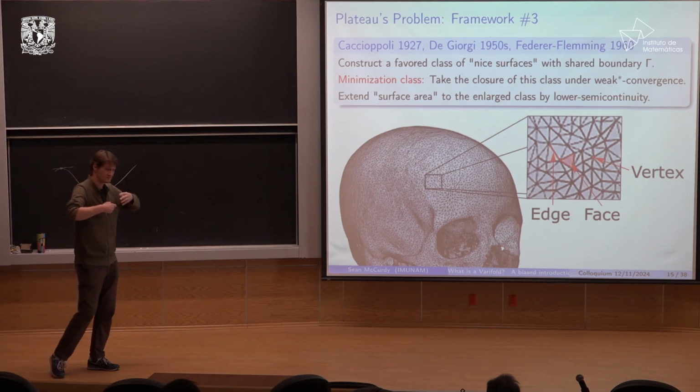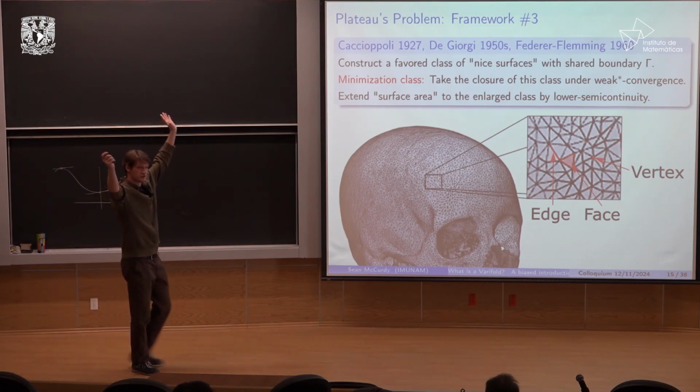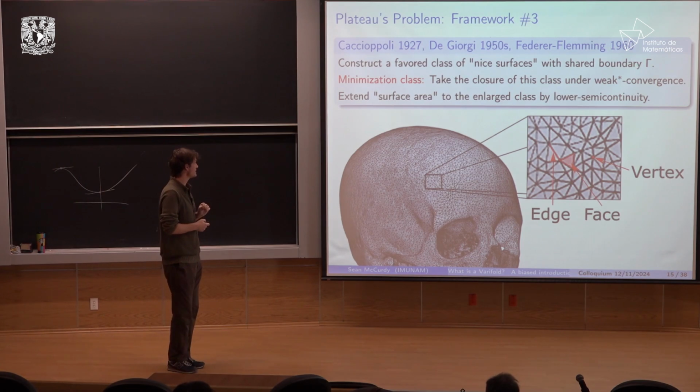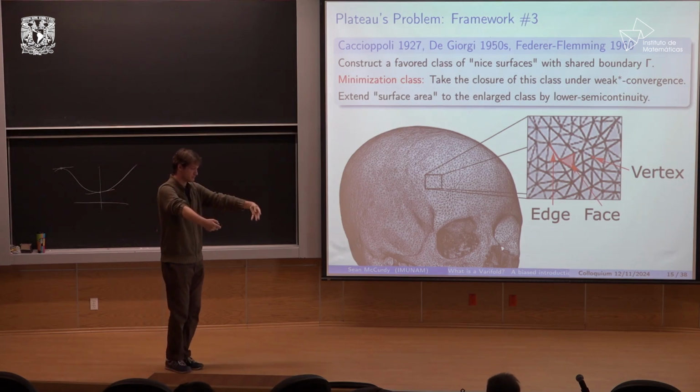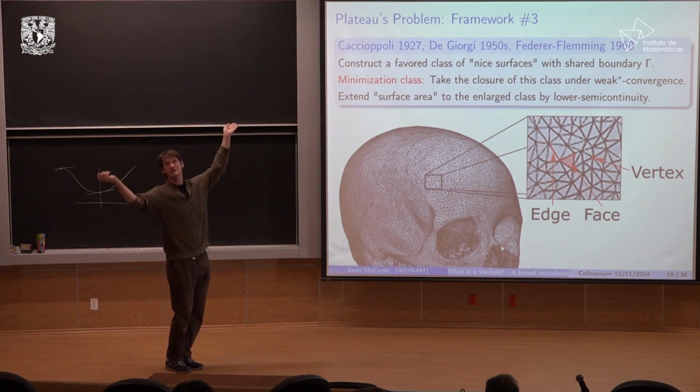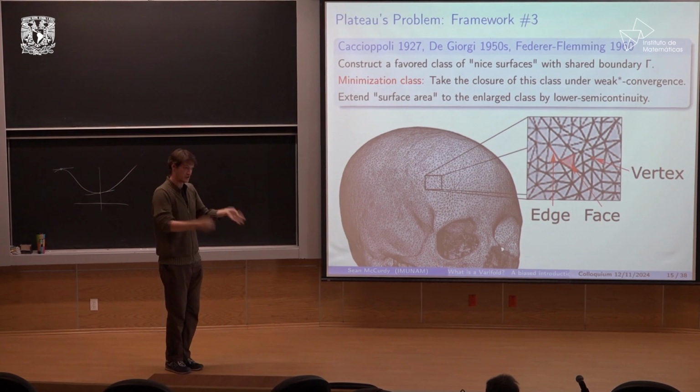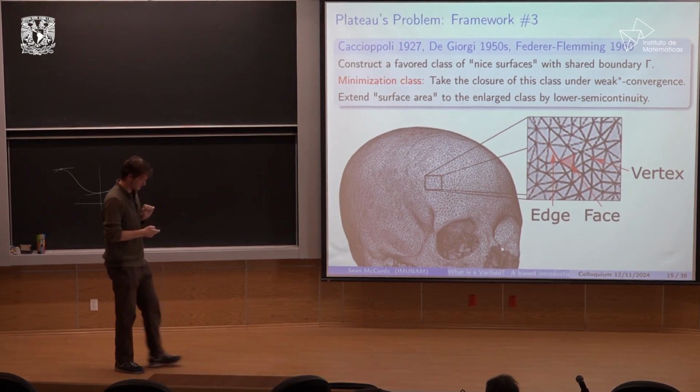We just take the closure in the appropriate notion of convergence, and then extend our notion of surface area from the elements in the favored class to the full enlarged class simply by density and lower semi-continuity. So we just force our functional, for whatever it means to be surface area, to be lower semi-continuous by definition.